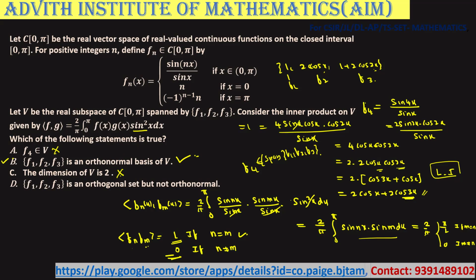Option B is true. లేదా డైరెక్ట్ గా మనకు ఒక ఫార్ములా ఉంది సార్, ఇది sin nx by sin x is called a Chebyshev polynomial of second kind, sir.